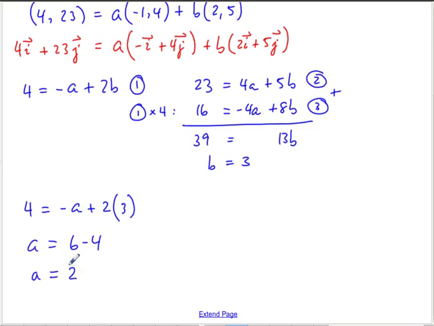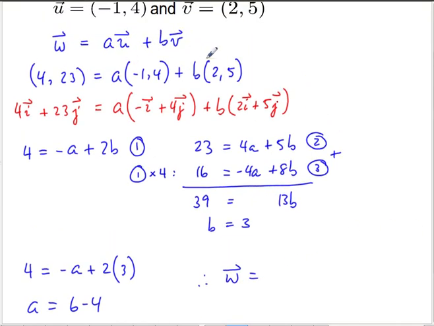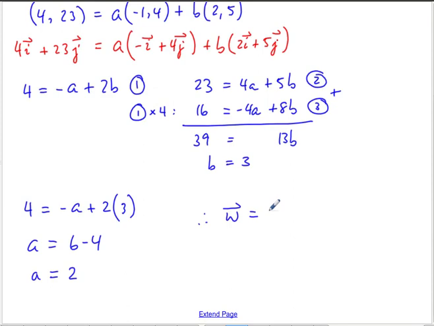So I've got my answer, and I now know, therefore, that the vector w is equal to a times u plus b times v. So a is 2, times u, plus b is 3, times v.